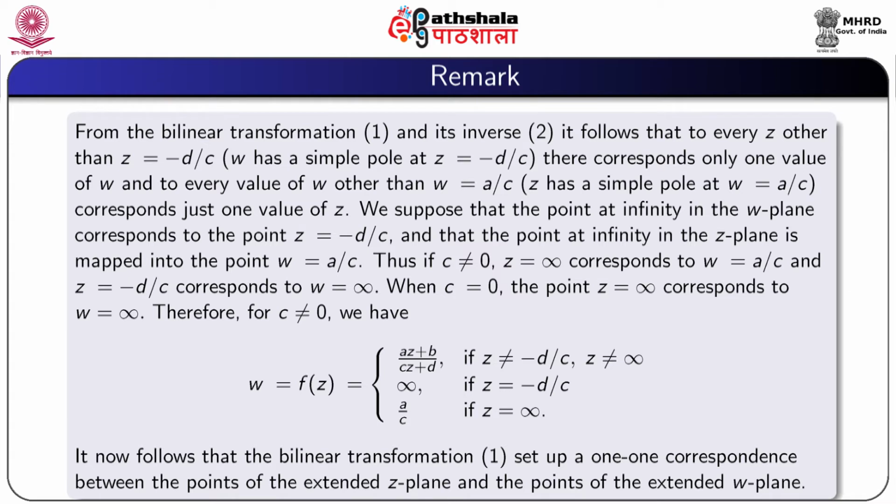Therefore, for c not equal to 0, we have w equal to f(z) equal to (az plus b) by (cz plus d) if z not equal to minus d by c and z not equal to infinity, f(z) equal to infinity if z equal to minus d by c, and f(z) equal to a by c if z equal to infinity. It now follows that the bilinear transformation sets up a 1:1 correspondence between the points of the extended z plane and the points of the extended w plane.